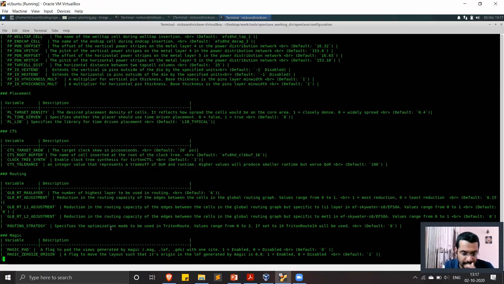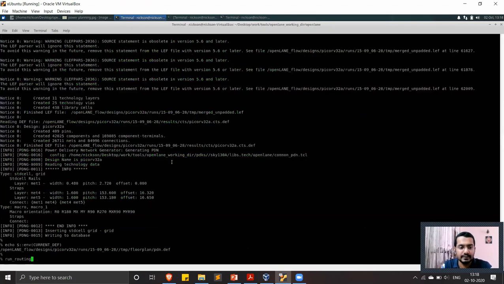For the picorv32a design which we're using, TritonRoute 14 takes close to 45 minutes to 1 hour to complete the full run, while TritonRoute 13 at the routing strategy mode of 0 takes half an hour, plus less memory requirements. For the purpose of this workshop, we will use the routing strategy as 0.